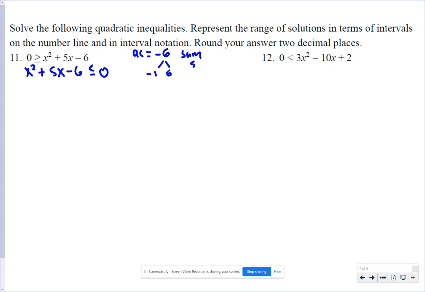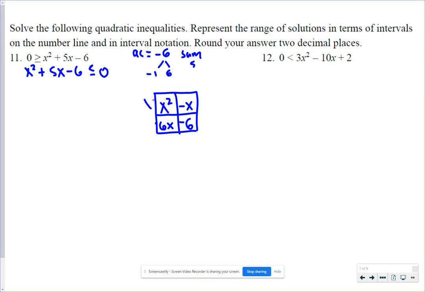They will add up to 5. I'm going to draw the box. I'm going to put the first term in the first square, last term in the last square. Middle term gets split as a negative x and a positive 6x.